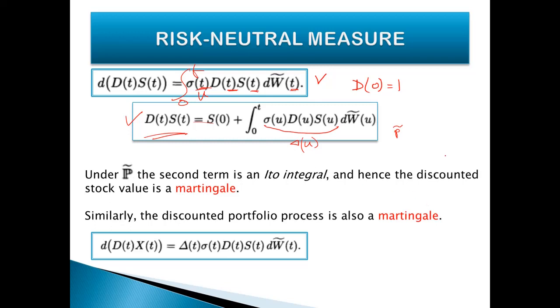Hence the discounted stock value is a martingale. Similarly, you can see that the discounted portfolio process is also a martingale. You remember we have also done this last time in the binomial model.